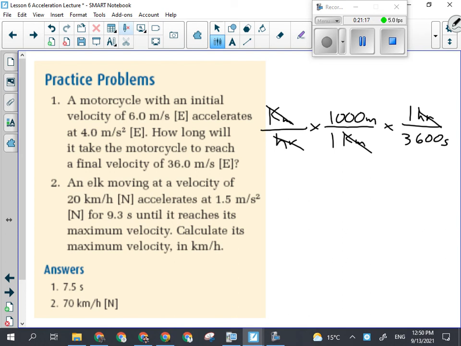But I don't want to have to do 2 steps like that. If I'm multiplying this number by this and then dividing by this, what I'm really doing is taking my kilometers per hour, not equals, and multiplying by 1,000 over 3,600, which I can simplify to this.